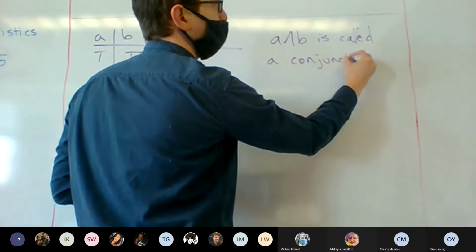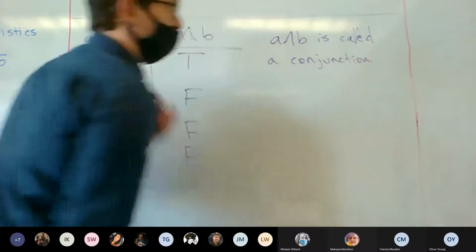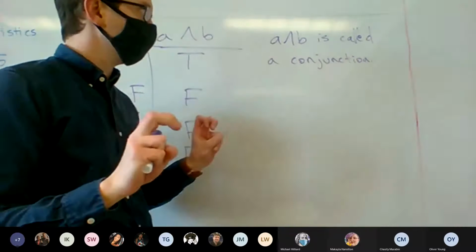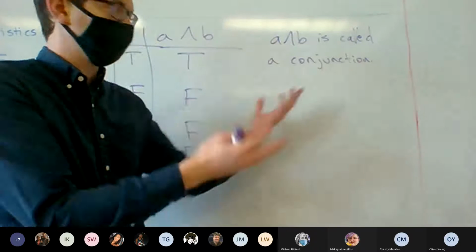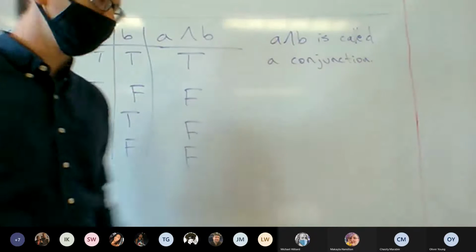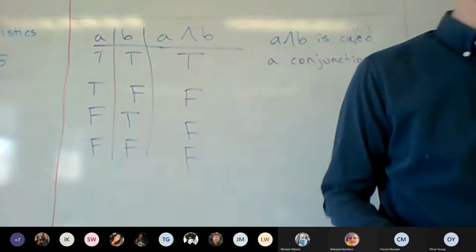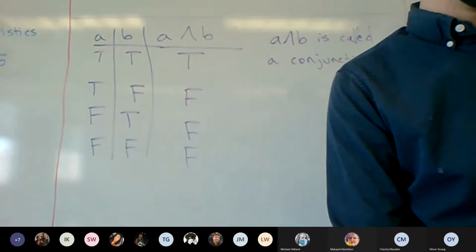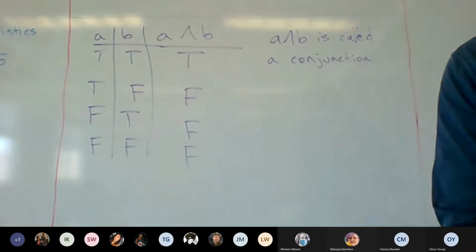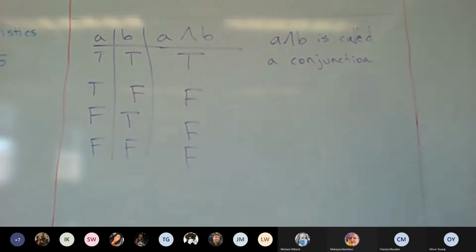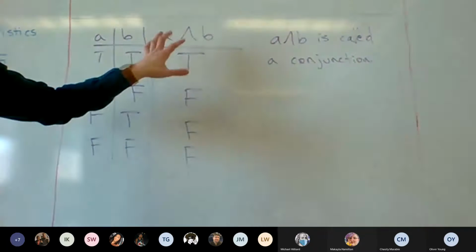Just a new word to describe an and statement, because if I say and statement, that's kind of informal, so we like to have a fancy new word to describe it. Literally, if you look in the book for the formal definition of conjunction, it says if A and B are statements, then A and B is a compound statement called a conjunction. There's nothing else to say there. Just a word to describe this.